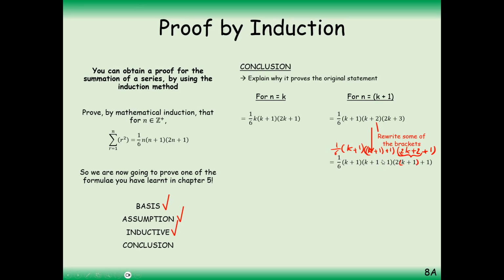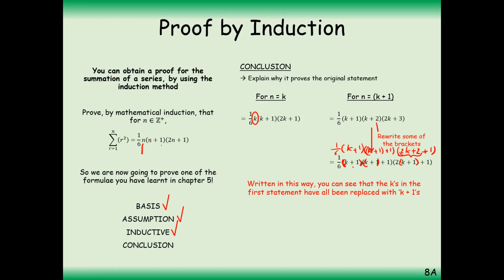So now you notice that this is exactly the form that we started with. Every one of these red brackets I've put here, in the original formula was n here. So if you compare these last two, you notice that when we had n, we have k plus 1 now.